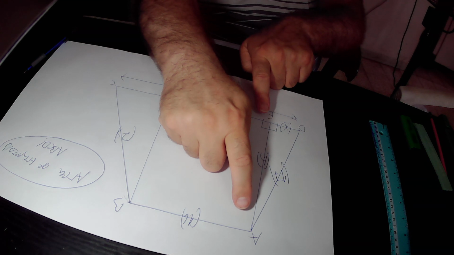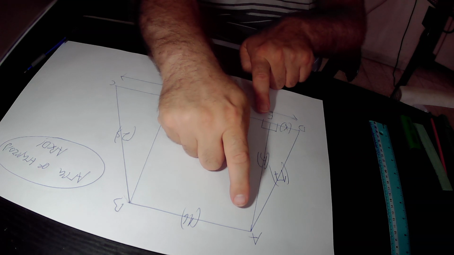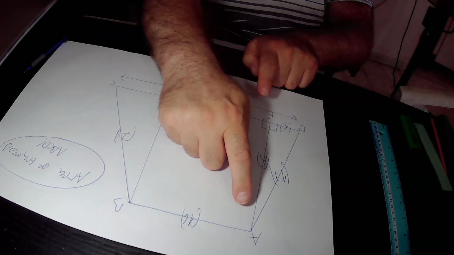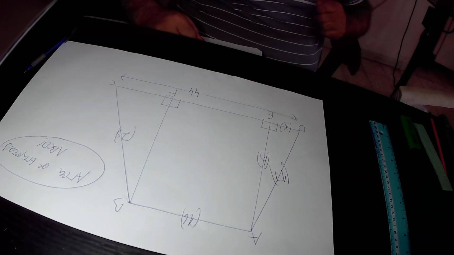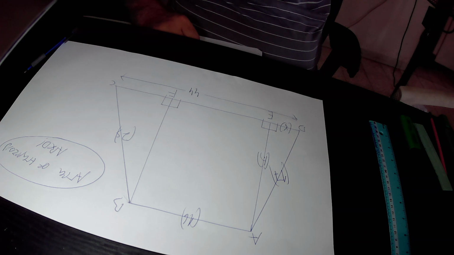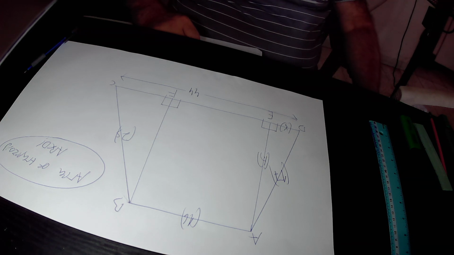So in total, those two angles are defined as one-sided interior angles. And according to rule 16, the sum of two one-sided interior angles is equal to 180 degrees.